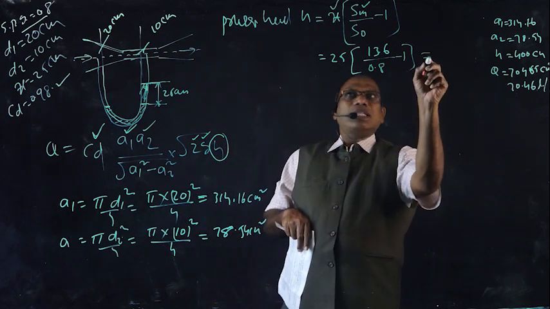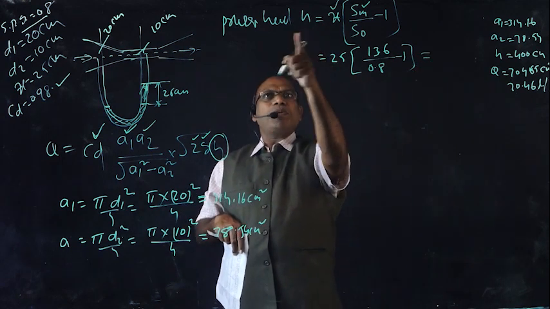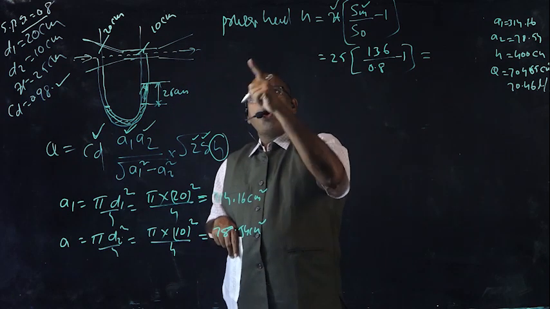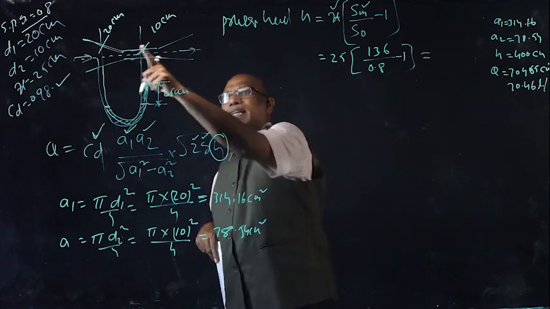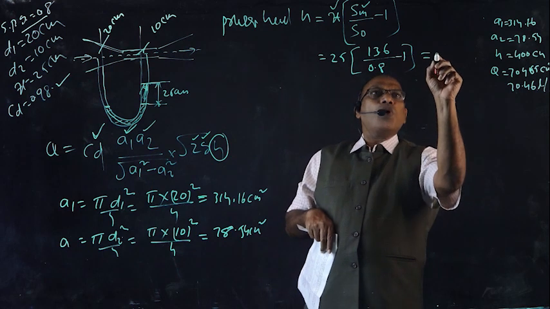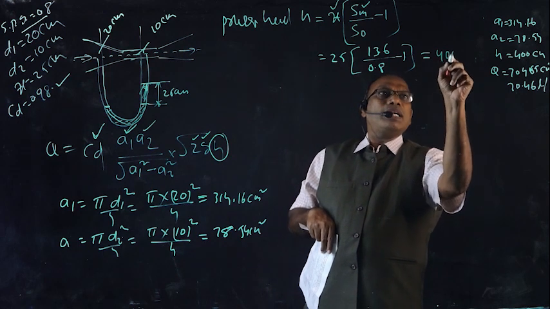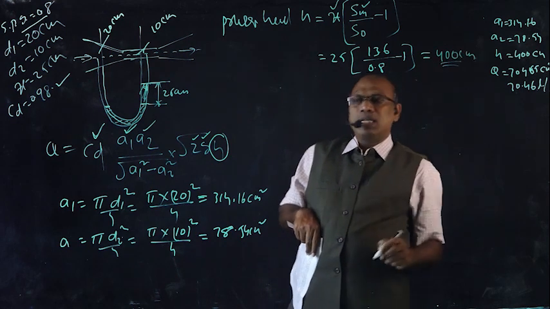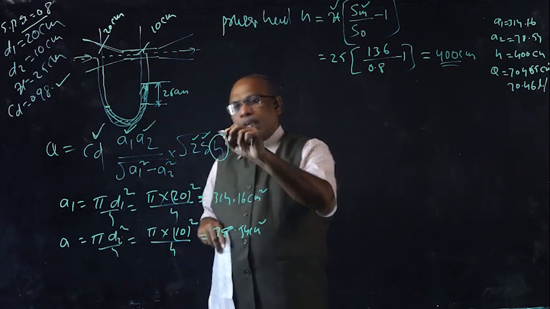Therefore, the pressure head difference between section 1-1 and section 2-2, or between inlet and throat, is equal to 400 centimeters.